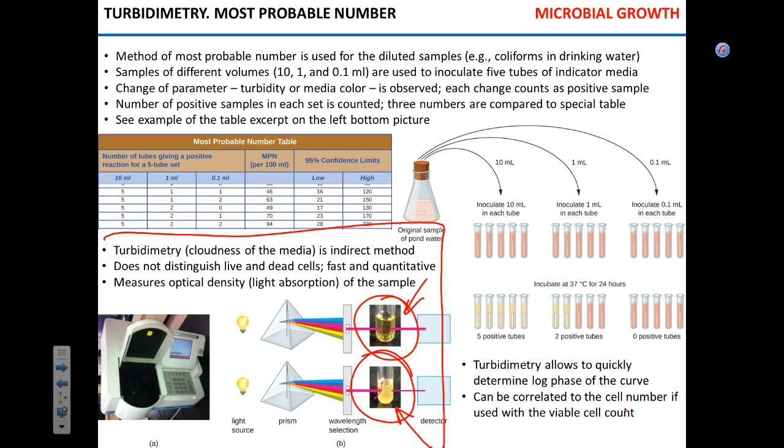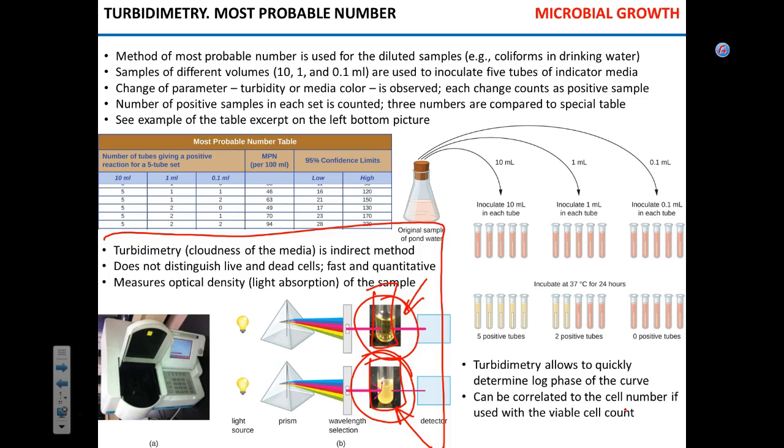The bottom one is cloudy. Cloudy, another word for it is turbid. So you measure how much light is absorbed by each of the samples. Does that make sense? The more cells you have, more light is absorbed. Is that understood?